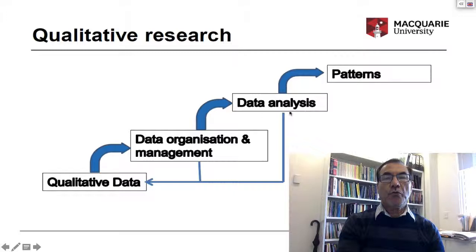And then they do data analysis through coding and developing categories from the codes, and finally come across some themes or patterns that could be used in order to explain the phenomenon. As can be seen in this graph, there is a link between data analysis and the data collection phase of qualitative data.